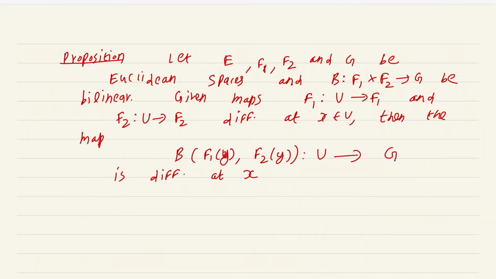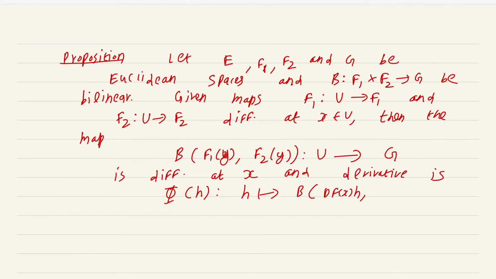x, and the derivative surprisingly is given by phi of h, which takes h to B of d F1 x h comma F2 x, plus B of F1 x comma d F2 x h.